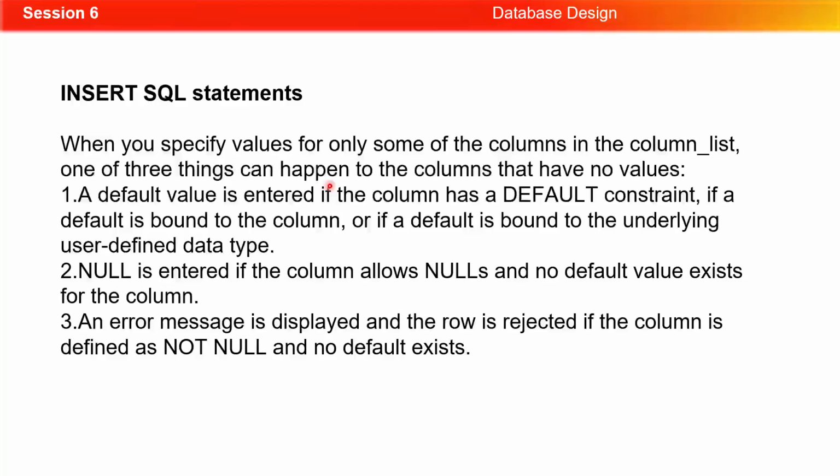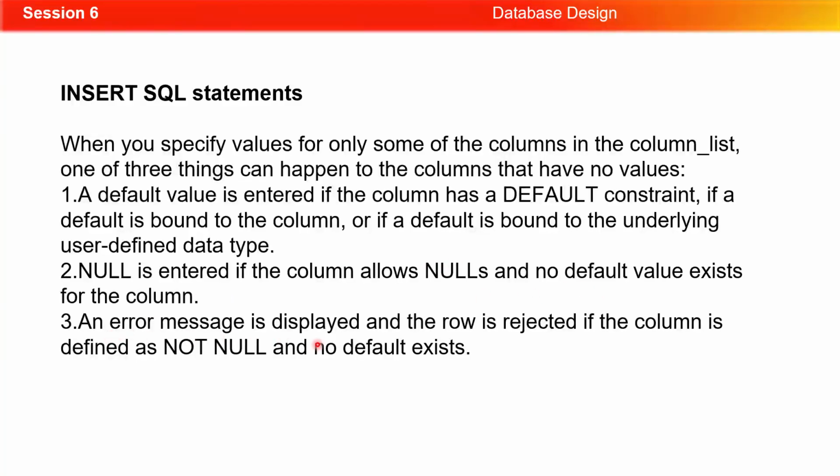When you specify values for some of the columns in the column list, one of three things can happen to the columns that have no value specified. A default value is entered if a column has a default constraint, if a default is bound to a column, or if a default is bound to an underlying user-defined data type. Null is entered if a column allows null and no default value exists for that column.